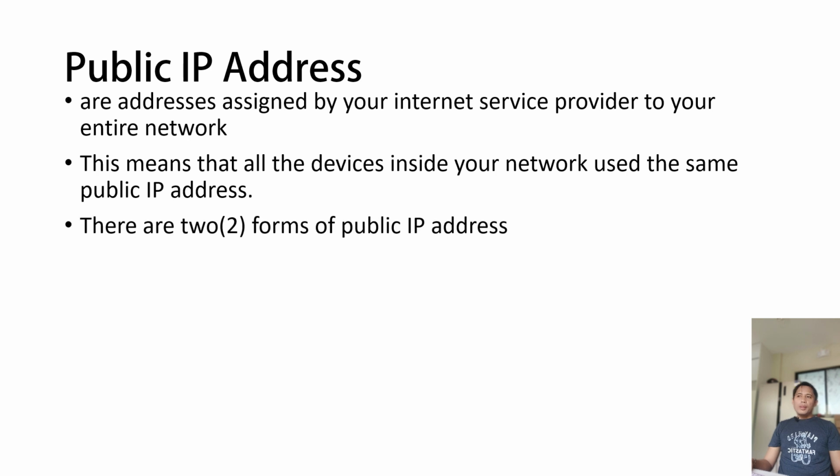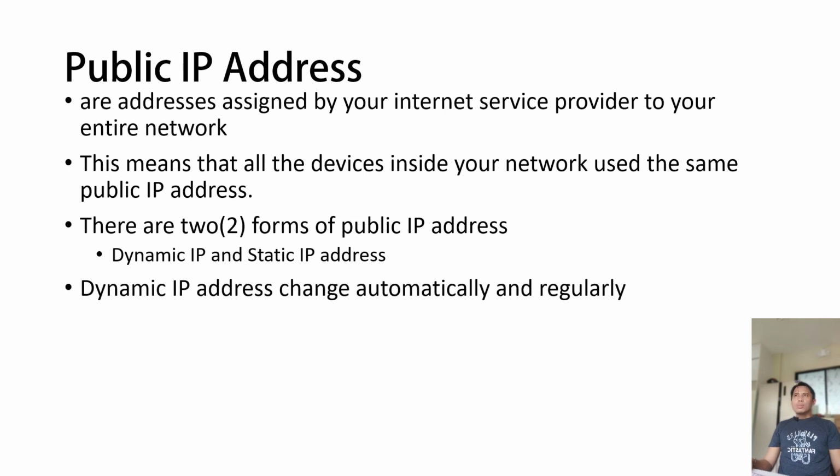So there are two forms of public IP address. There is a dynamic IP address and a static IP address. Dynamic public IP addresses change automatically and regularly. So for those of you who don't know or are not particular about public IP address, maybe from today onward, try to observe your public IP address.